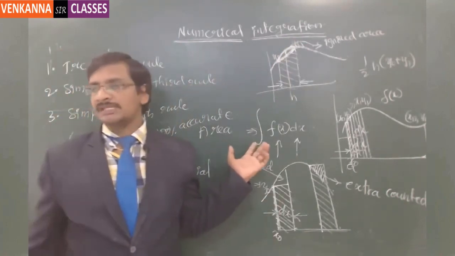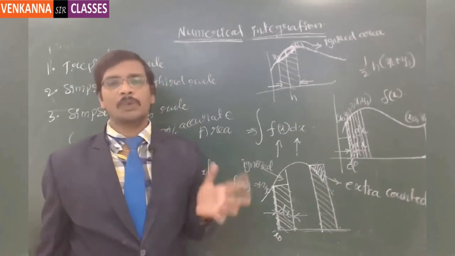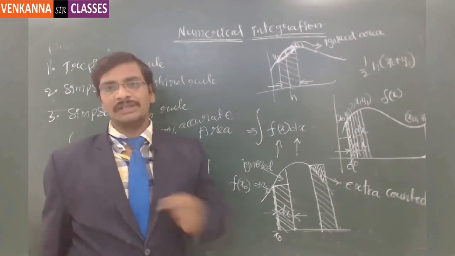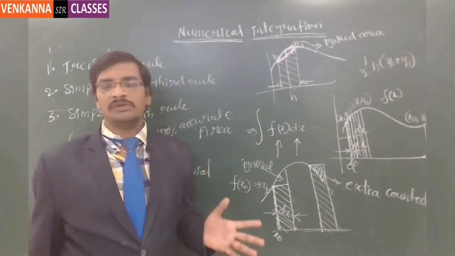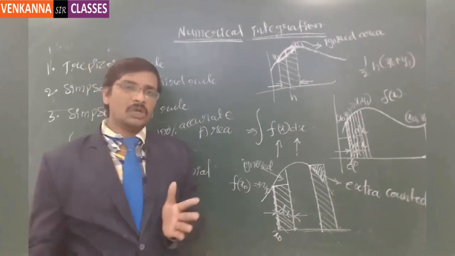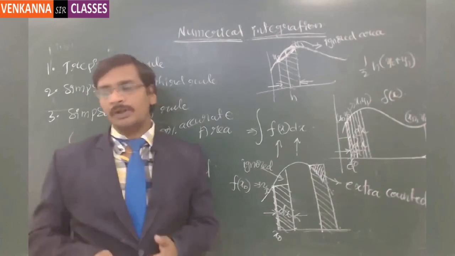And as the Maclaurin series says, any random curve can be approximated as a polynomial of infinite order. That is a general theorem. Given any curve, you can approximate it as a polynomial of infinite order. The accuracy of the polynomial is going to improve only if you increase the order of the polynomial.